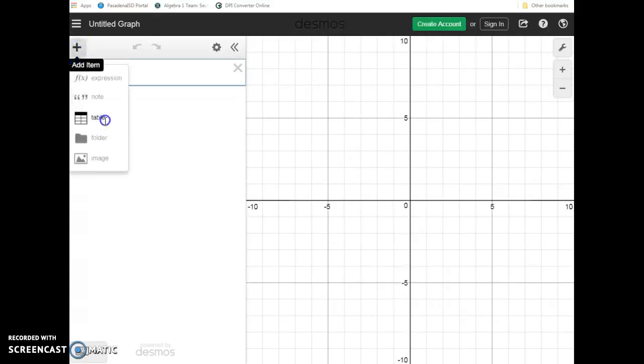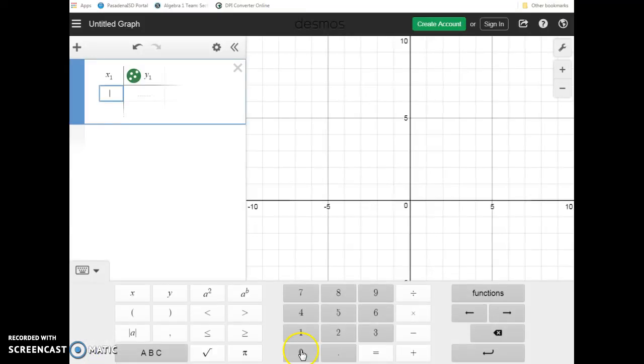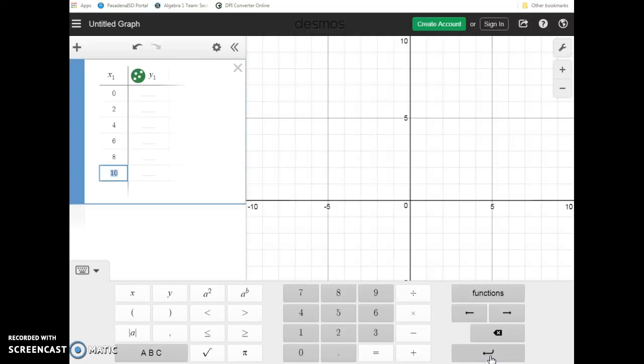So you're going to add a table, and you're going to type those numbers: 0, enter, 2, enter, 4, 6, 8, 10. And then on the other side, I have 180.2.